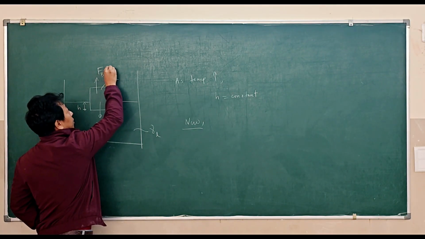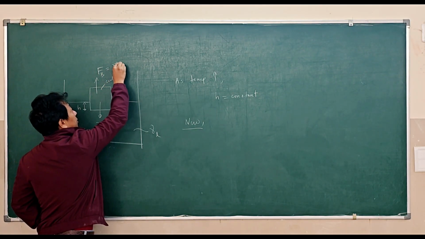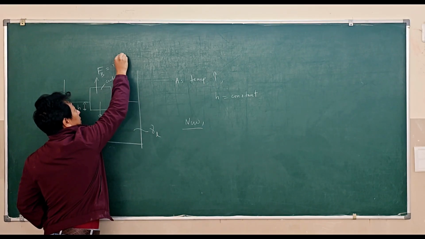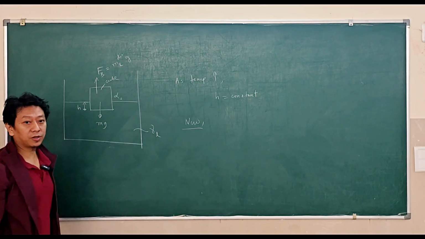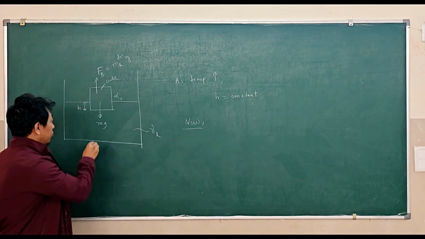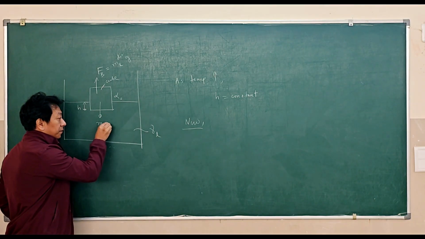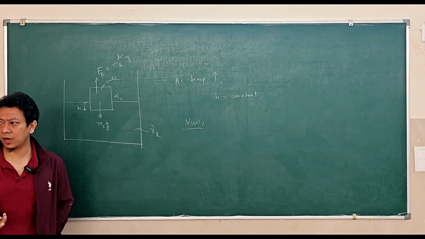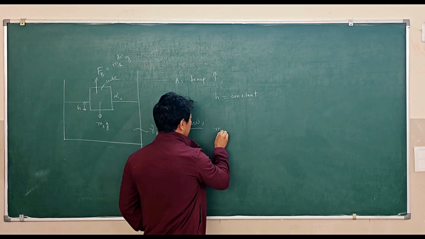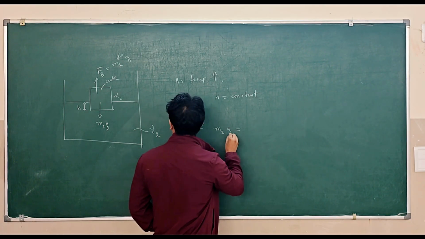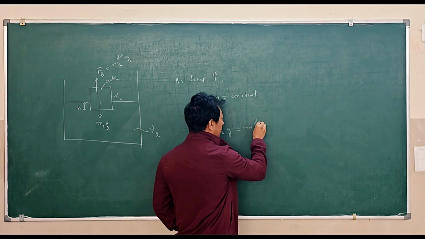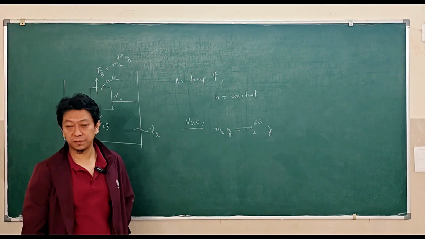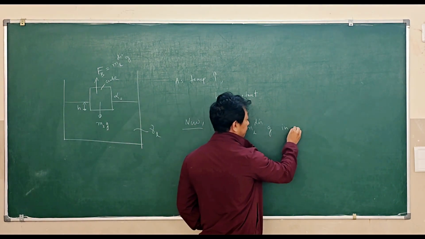What was the formula for buoyant force? Mass of liquid displaced into g, weight of liquid displaced, and this is whose mass? Mass of solid. Weight of the solid should be balanced by weight of the liquid displaced. Agree? So this is in equilibrium.